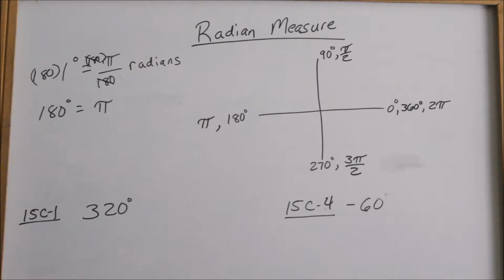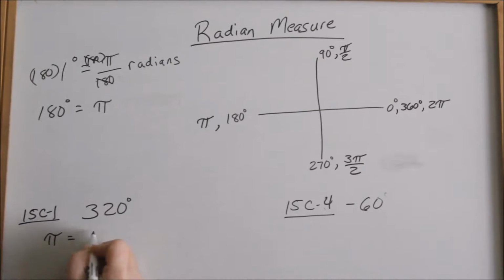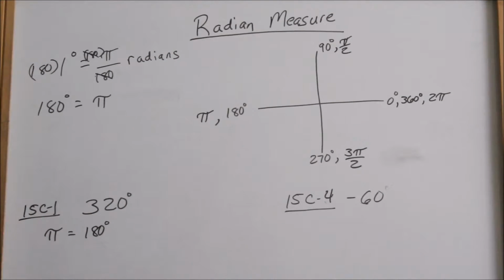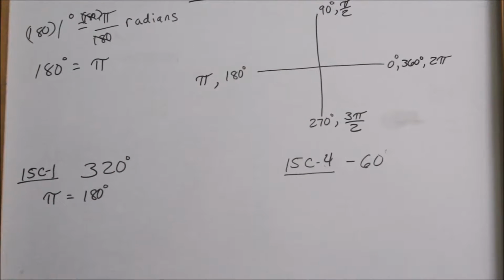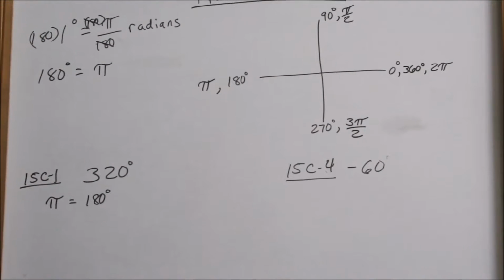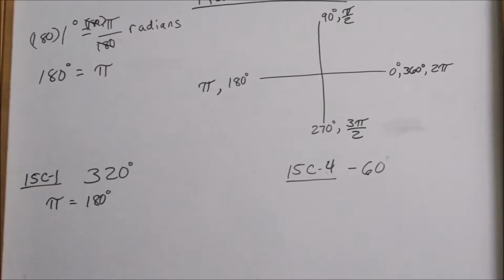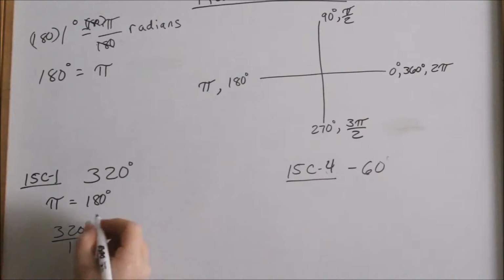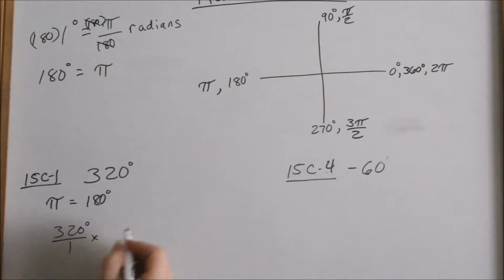So we're going to work on converting back and forth from degrees to radians. Look at 15C1. Essentially we've created a conversion factor: pi is the same thing as 180 degrees. If you can just remember that, that's your conversion factor. So we want to change 320 degrees into radians. Just like any other conversion factor, put it over 1 and multiply by the conversion factor.